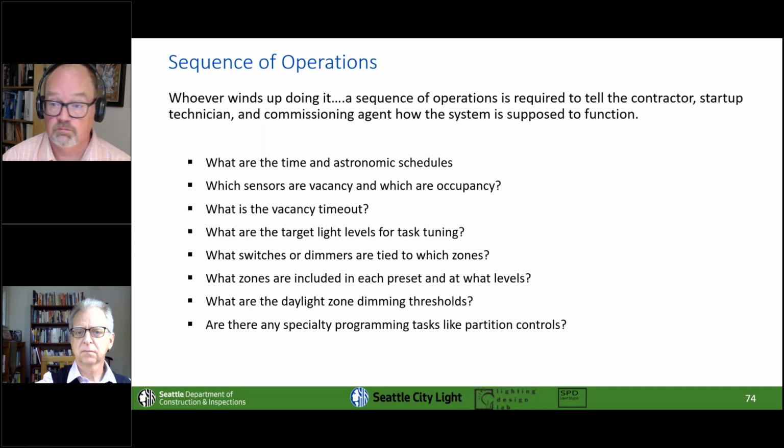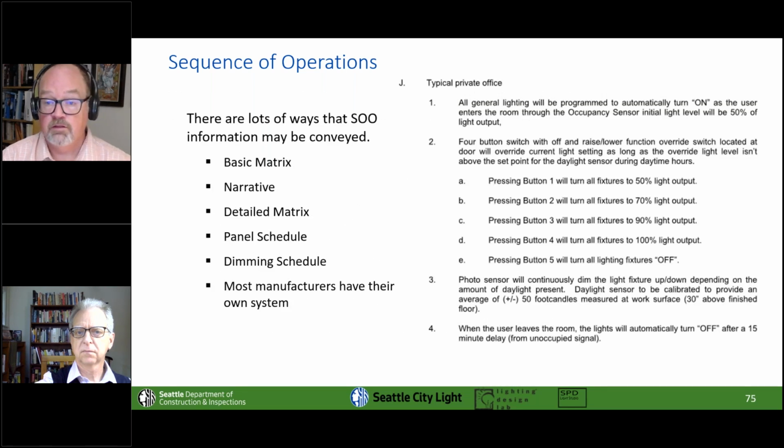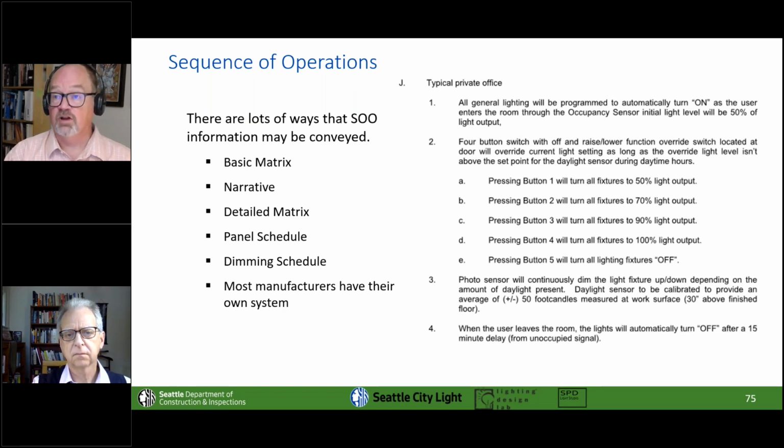Next slide, Duane. Now, there are a lot of ways that you can convey this information from a design or beginning implementation standpoint. I showed you a matrix, which is one of the ways that I like to do it. We'll see that coming further. Another common way to do this is with a narrative. So this is an example of the kind of information that you would really need to have in order to commission, in this case, a typical private office.